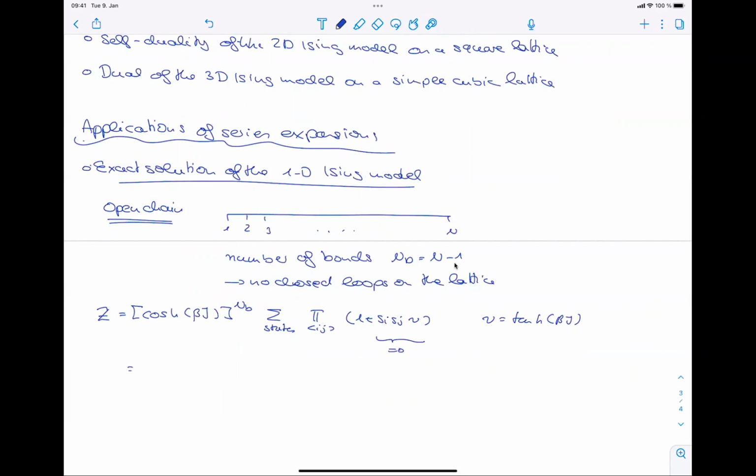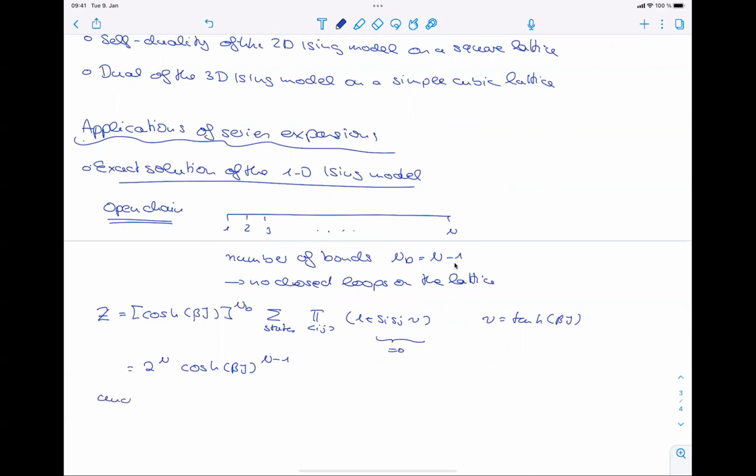So the partition function is just given by the sum over the states of this factor, 1 over all the states. Each state, independent of the choice of the states, gives a 1. So we end up with 2 to the N, times cosh beta J to the power of the number of bonds, which is N minus 1.